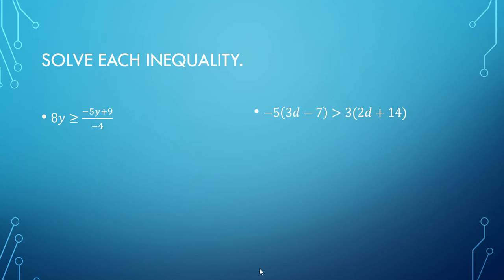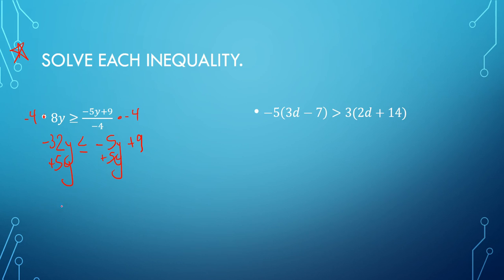Alright, pause and try these two problems. So, again, getting rid of the fraction bar, you need to multiply by -4 on both sides. Now, since you multiplied by a negative, that's going to flip that inequality sign. Now we need to get all the y's on one side. So add 5y over to the other side.